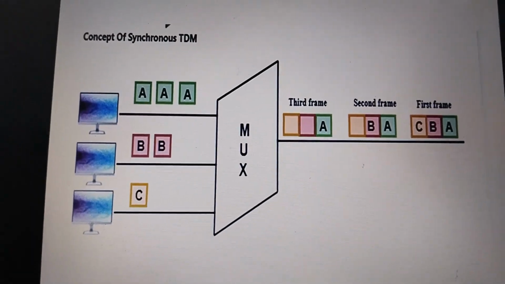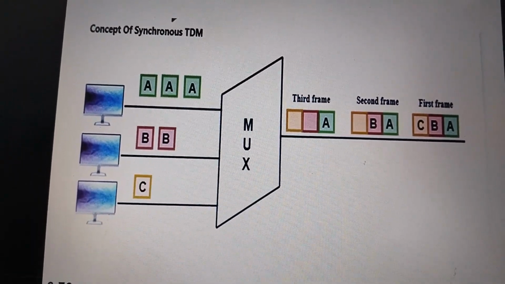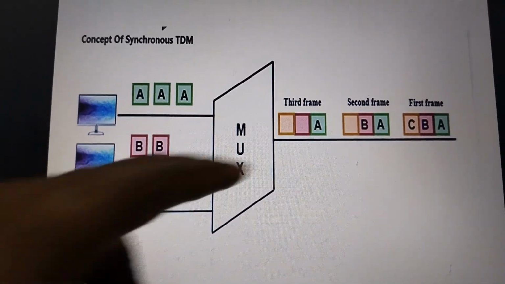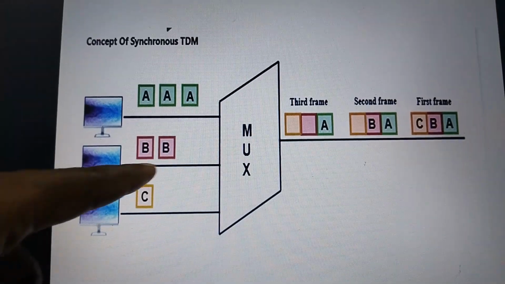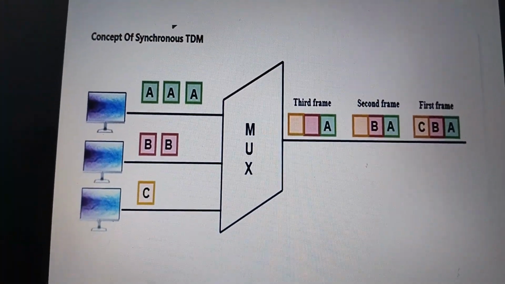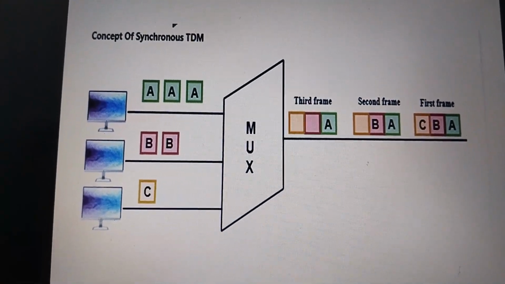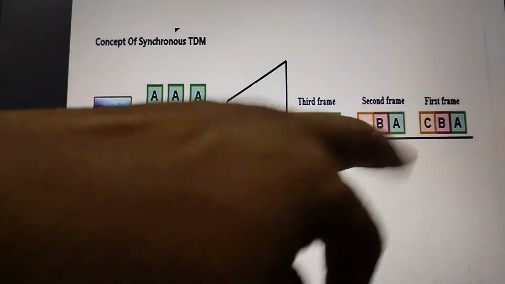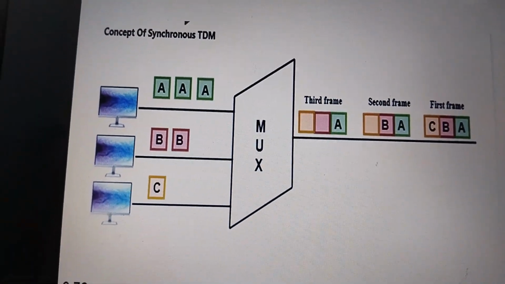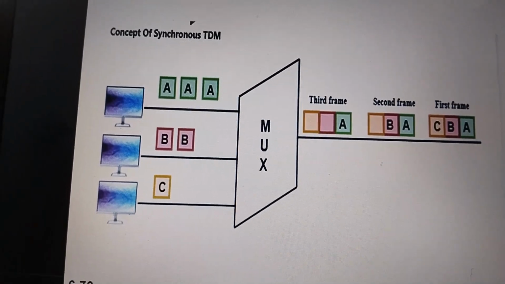Irrespective of whether data is available or not, the frame is allocated. In the first frame, A is allocated for the first system, B for the second, and C for the third. What about the second frame? A's data is available, so it is allocated. B is available, so it is allocated. What about C? C contains only a single data frame, which was completed in the first frame.